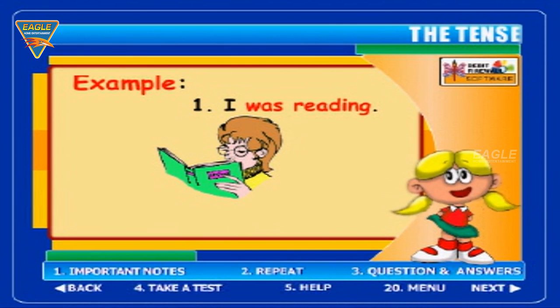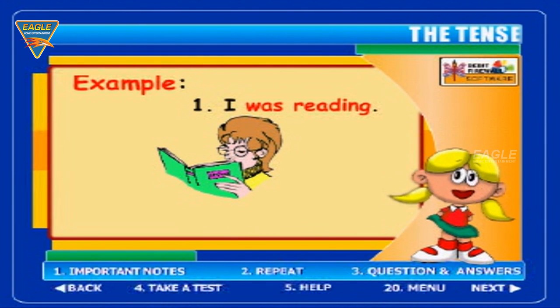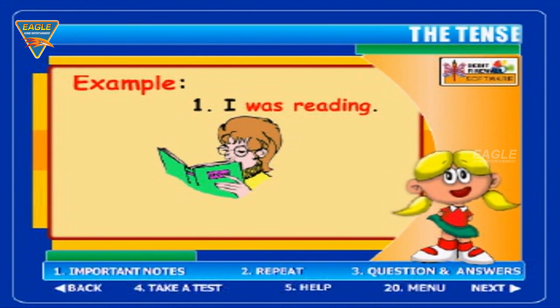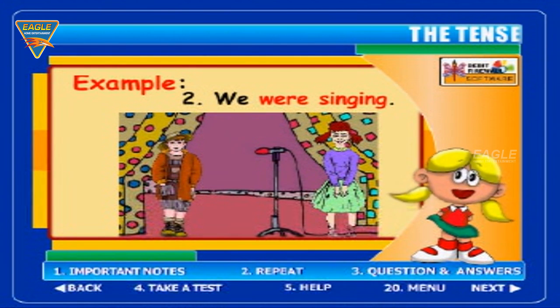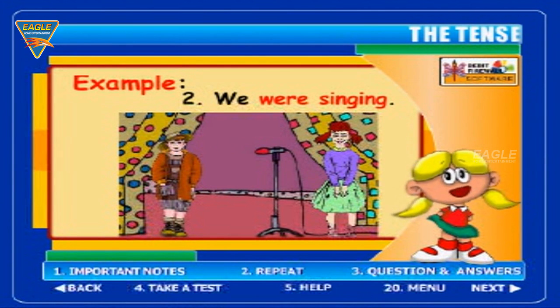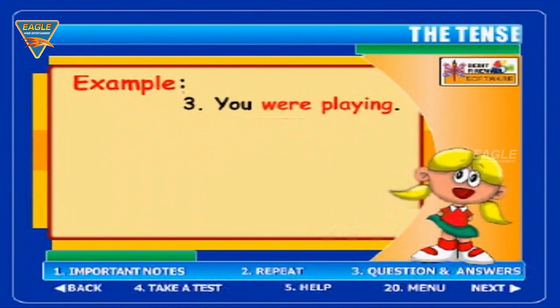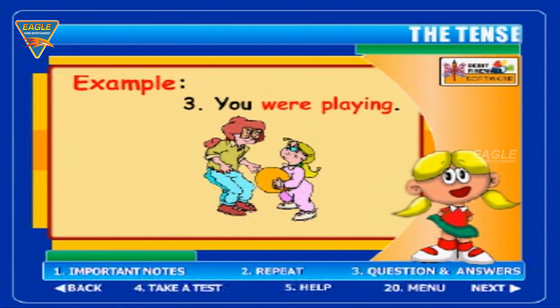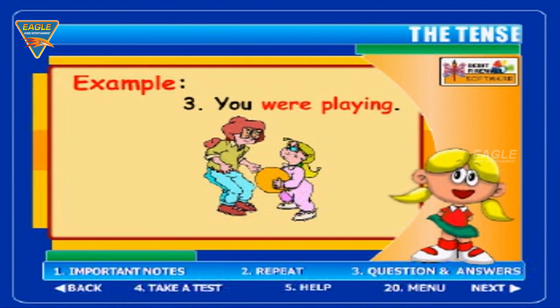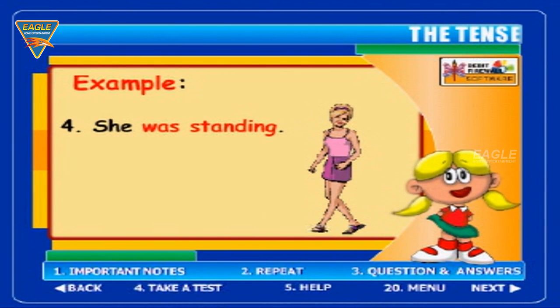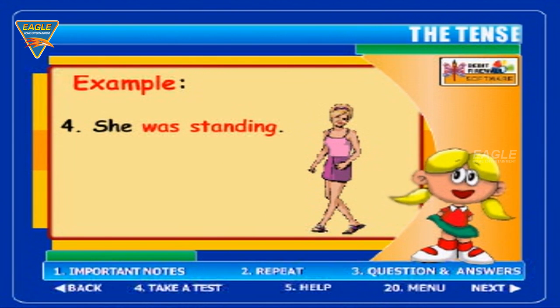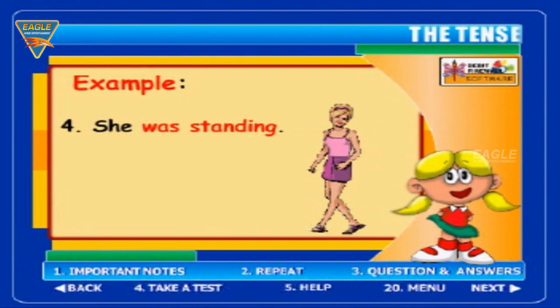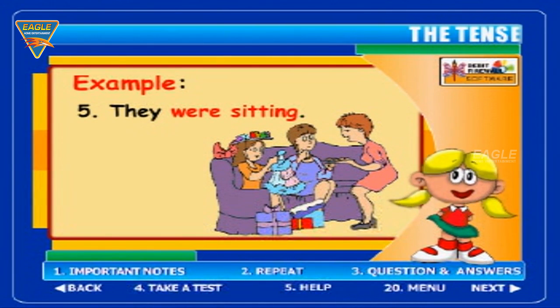Examples: I was reading. We were singing. You were playing. Or she was standing. They were sitting.